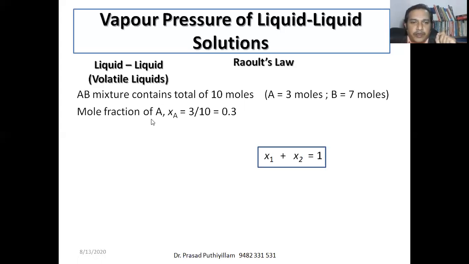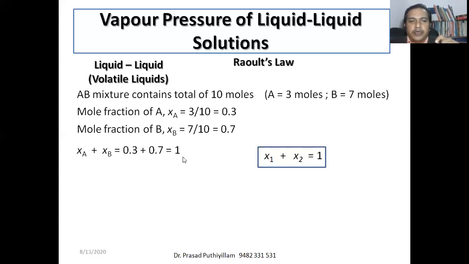Therefore, the mole fraction of A, XA, is 3 upon 10, that is 0.3. Similarly, for B it is 7 by 10, that is 0.7. If you take the sum of these two mole fractions, XA plus XB equals 1. So I think it is clear now.